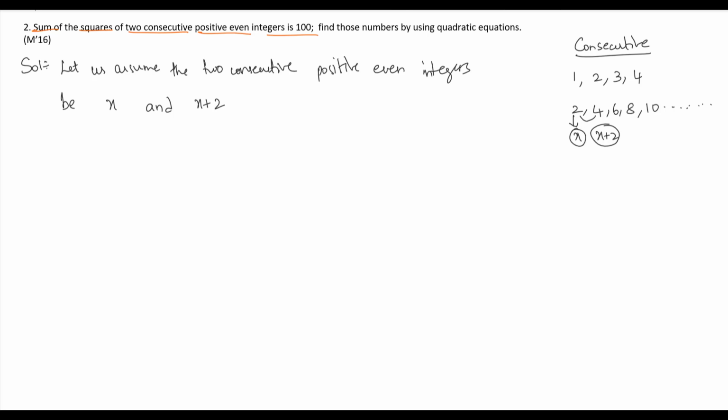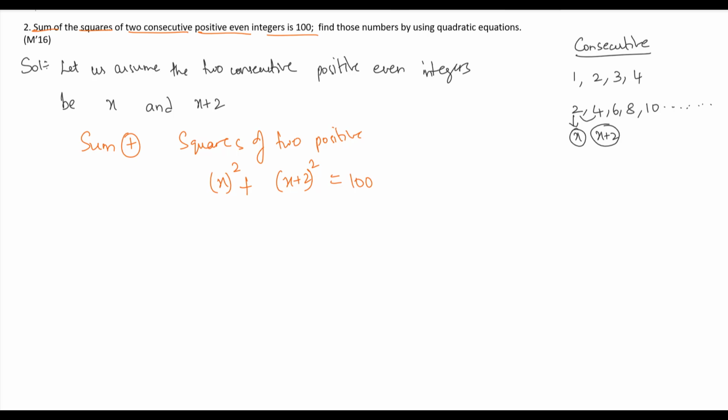What does sum mean? Addition. Squares of two positive even integers means x square and (x plus 2) whole square. Sum means addition, which gives us 100.